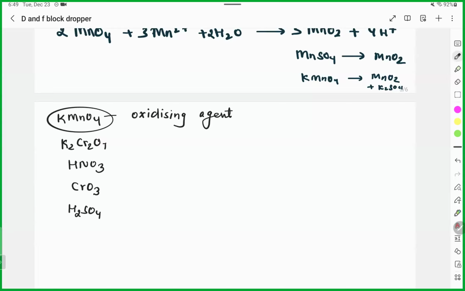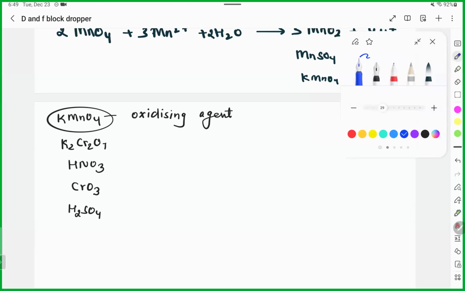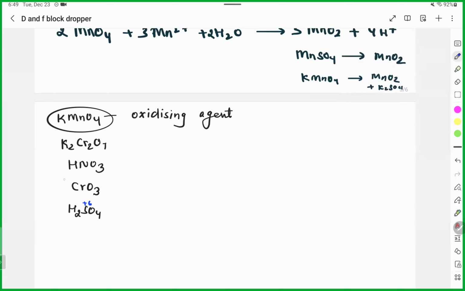So you will ask, sir, how to identify whether a compound is an oxidizing agent or not? If any element is present in its highest oxidation state, then only reduction is possible. Make sense? See, here it is +6, +6, +5, +6, +7. These are the highest oxidation states possible for these elements.